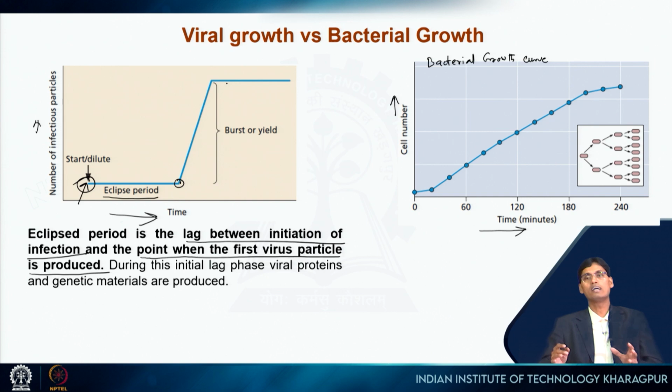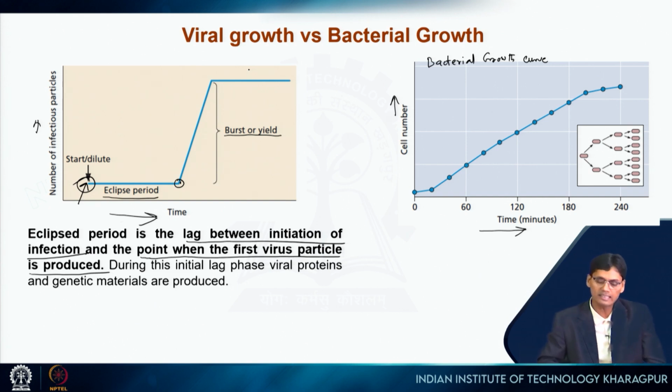After some time, when those things are ready, they assemble and come out from the host cell. That is called burst or yield. As a result, we will see the number of viral particles increase a lot, like this. They come out from the cell and infect nearby host cells again. So this is the viral multiplication strategy.